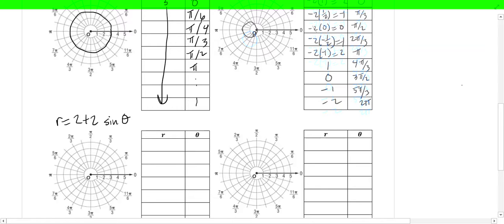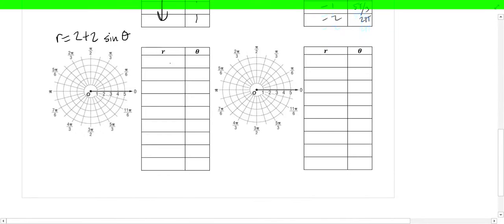And we're going to use the convenient values for sine, which are 0, pi over 6, pi over 2, 5 pi over 6, pi, and I'm going to want 7 pi over 6, 3 pi over 2, 11 pi over 6, and 2 pi.